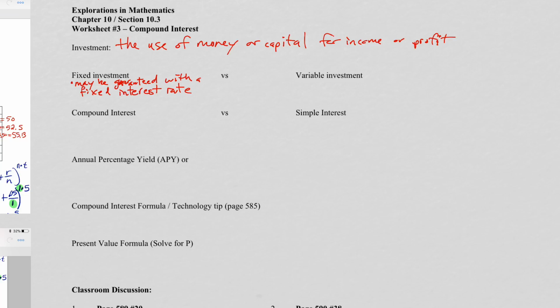It's not going to change. It's a fixed rate. And most examples from that category will be savings in a bank, money market, CDs, government savings bonds, stuff like that. And CDs stands for Certificate of Deposit.